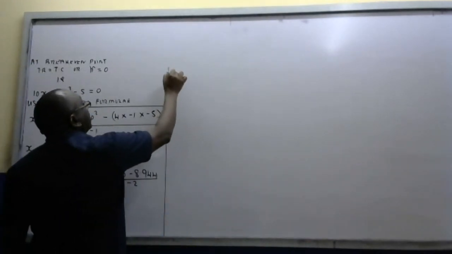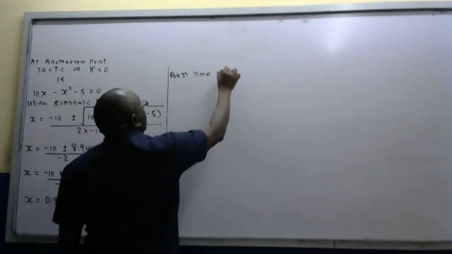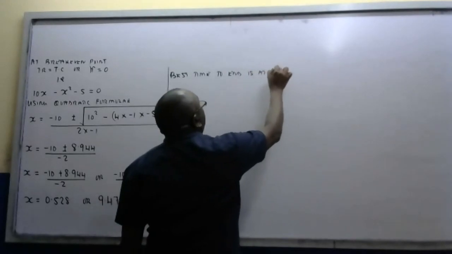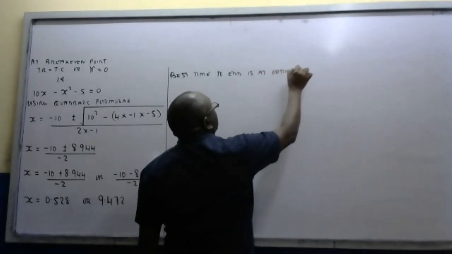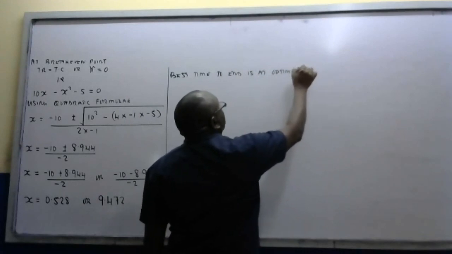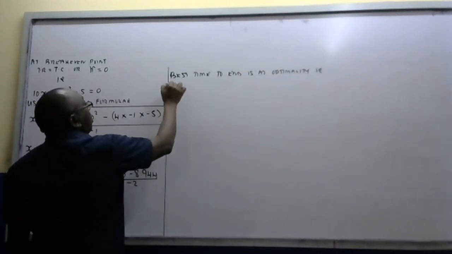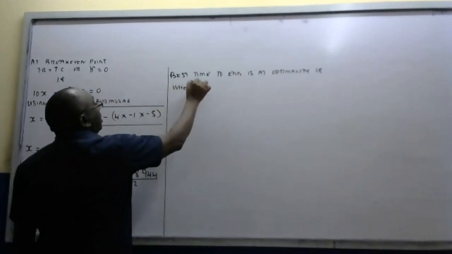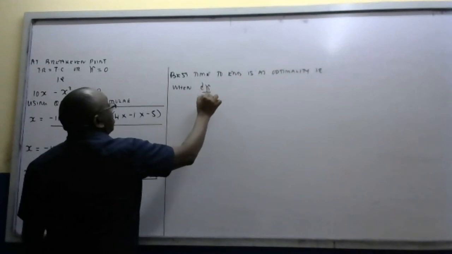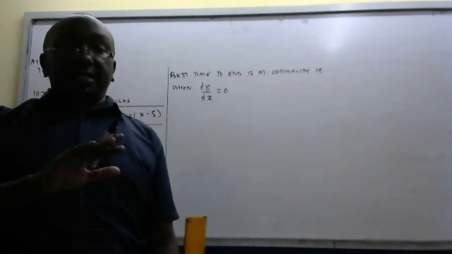That is when the differential of profit with respect to x is 0. That is the best time to end, at optimality.